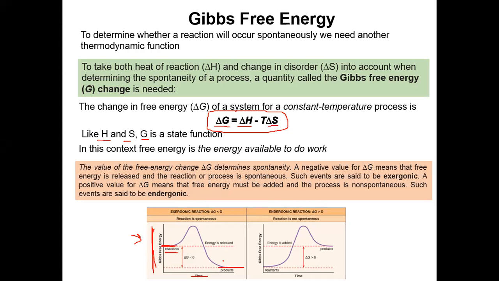If the initial energy of the reagent is higher than the energy of the product, then this system might take place spontaneously. Why? Because this delta G is going to be less than 0. If you subtract the initial part from the final part, this delta G will be a minus sign, so less than 0. This is why a process like this is spontaneous.